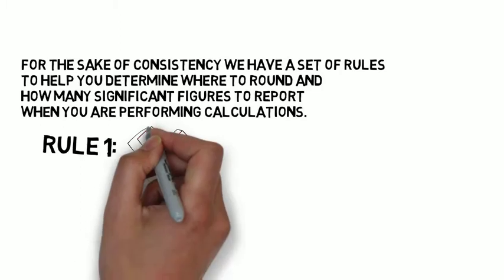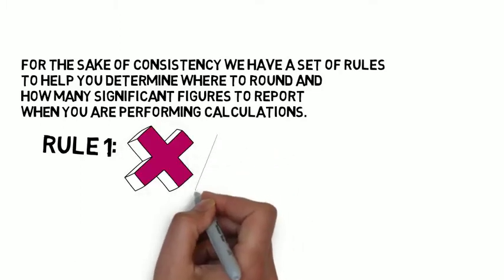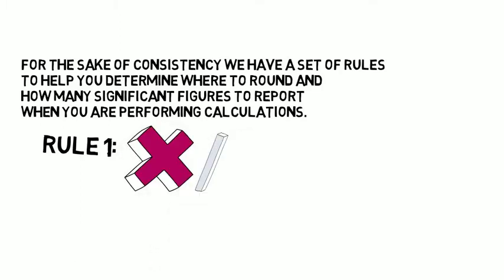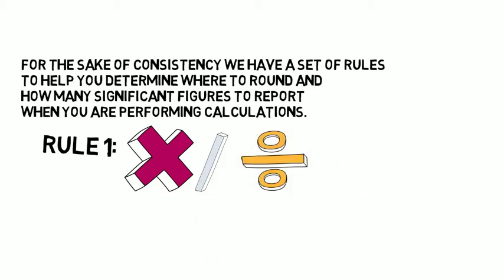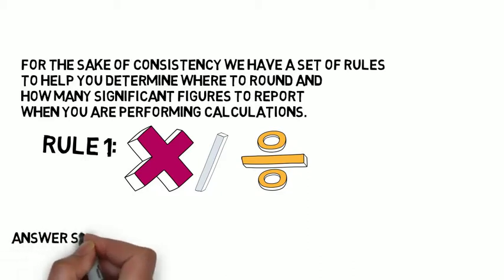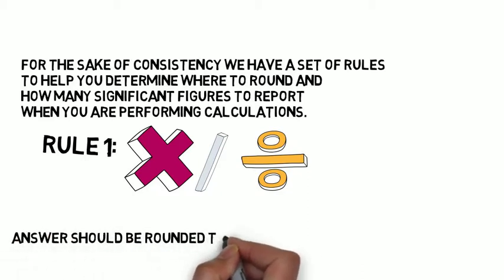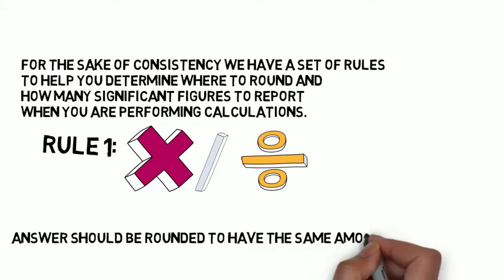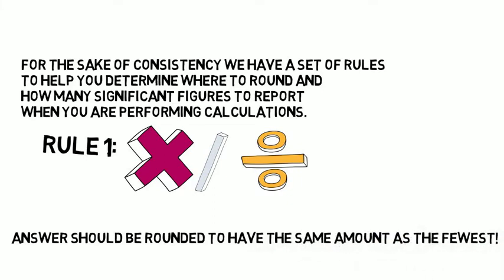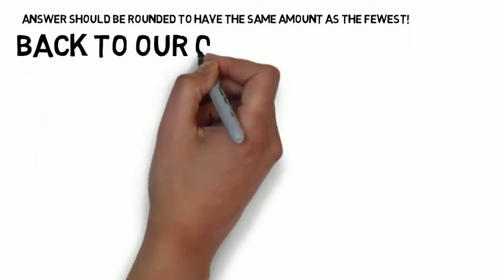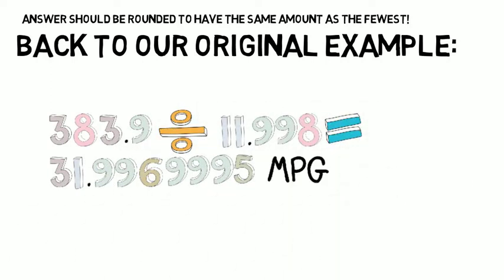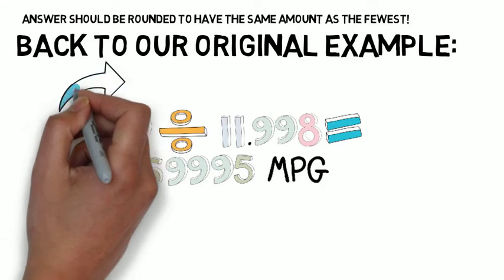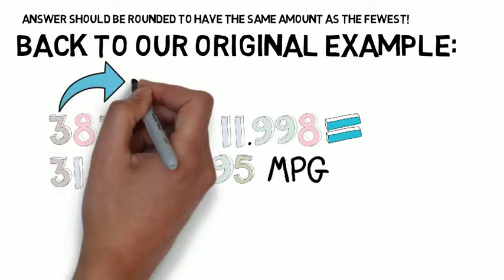Rule 1 deals with multiplication and division. When multiplying or dividing numbers, you always want to round your answer and report it to the one with the fewest number of sig figs. So again, your answer should be rounded to have the same number of significant figures as your measurement with the fewest. If we go back to our original example, we had two measurements, 383.9 and 11.998.